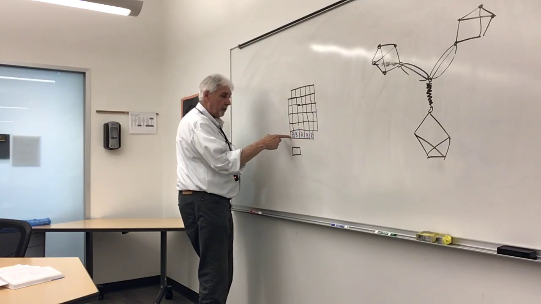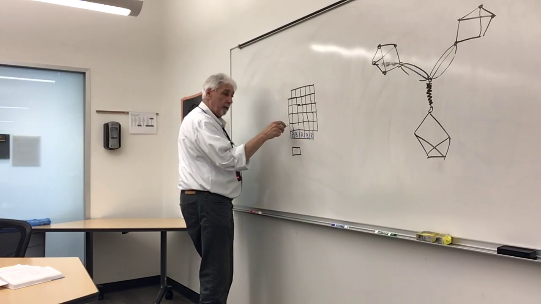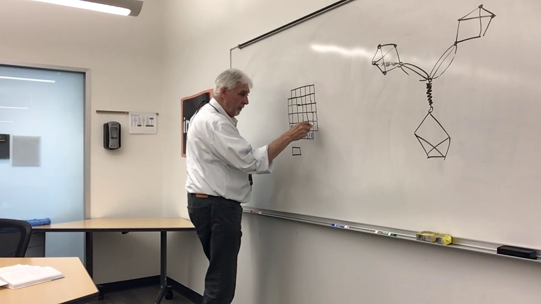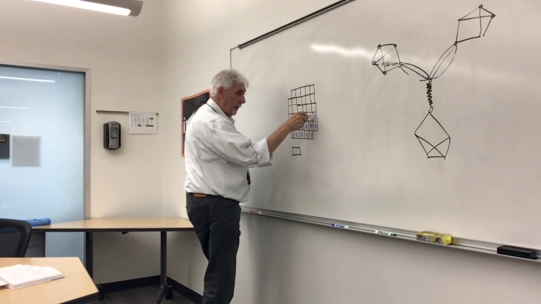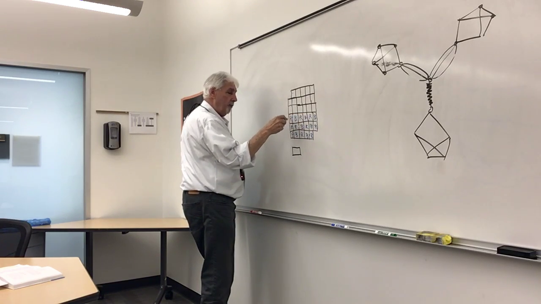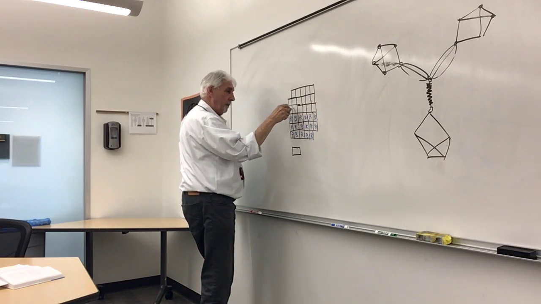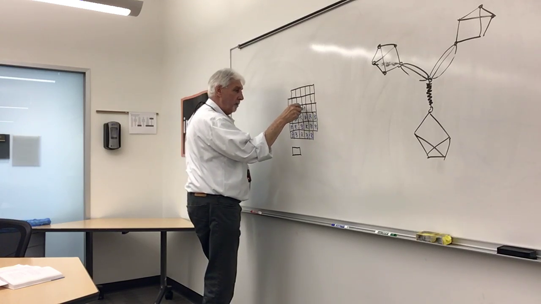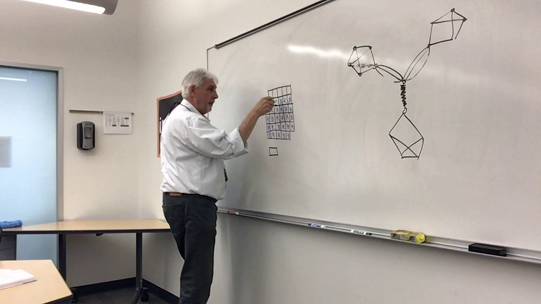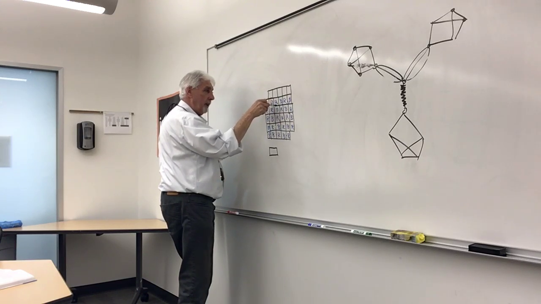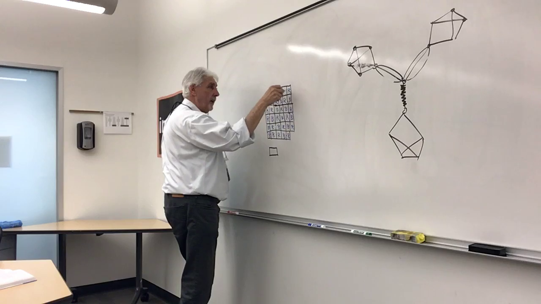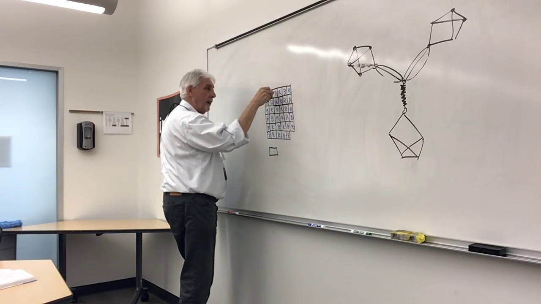So if this is red, and this box here is black, red, black, red, and so forth. Let's fill them all in, alternating red and black all the way across.